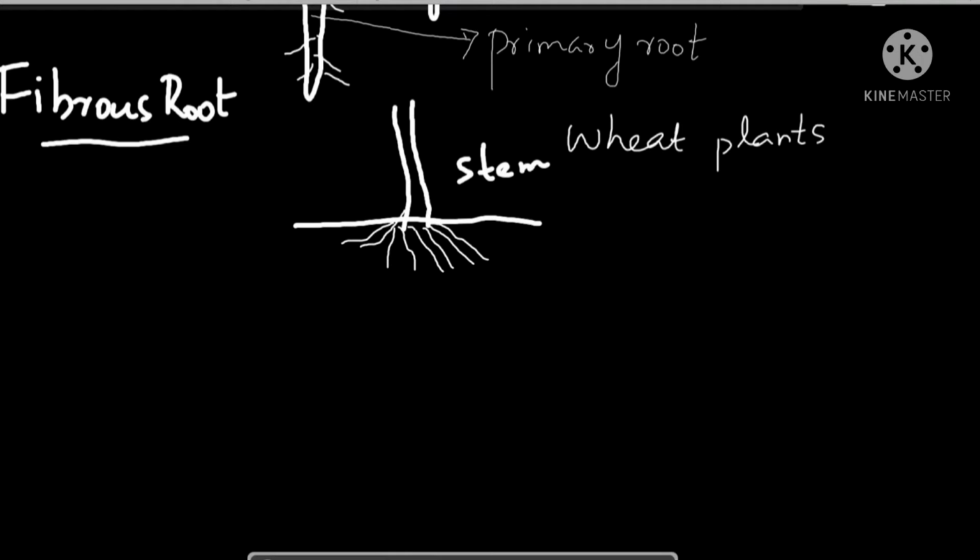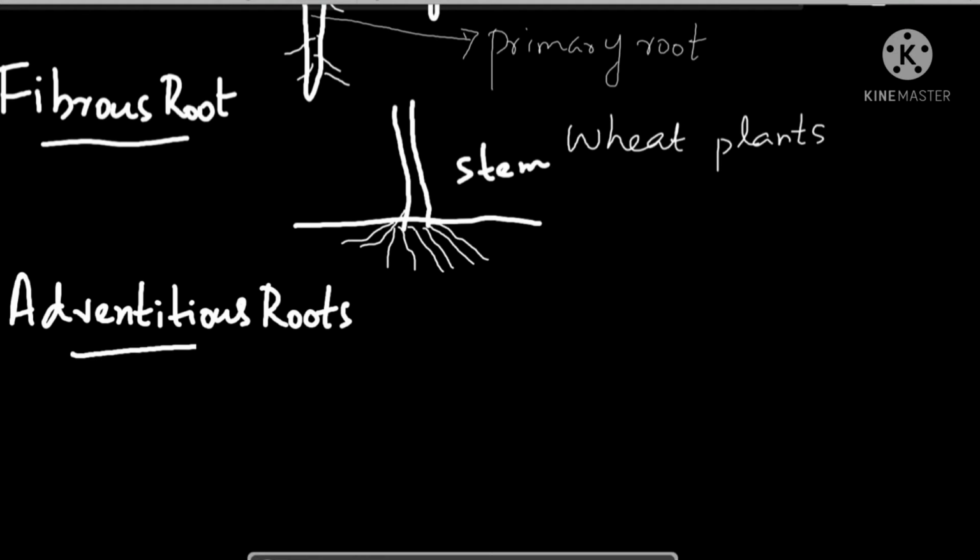Another type of root system is called adventitious root system. Now the tap roots arise from the radicle of the seeds, whereas the adventitious roots arise from parts of the plant other than the radicle.